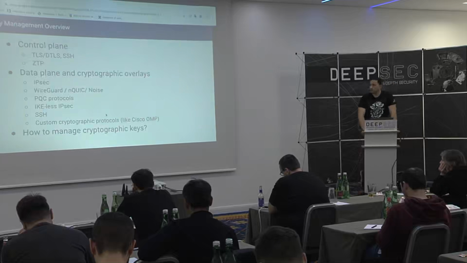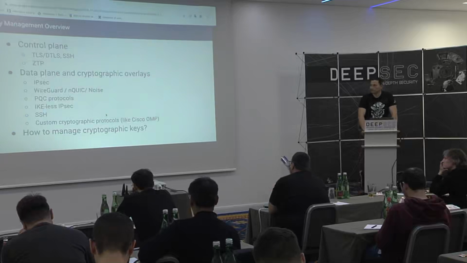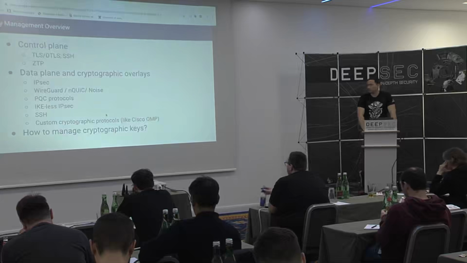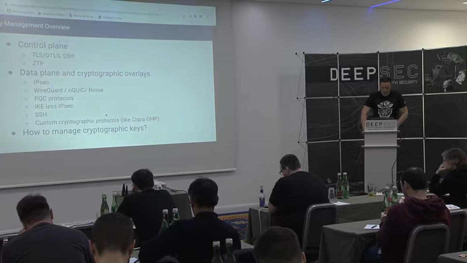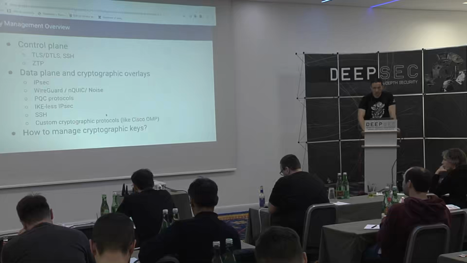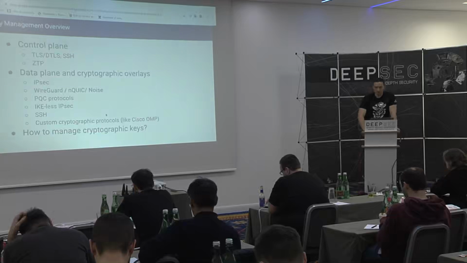Modern protocols like WireGuard, Noise, and QUIC, post-quantum protocols, or self-invented IPsec-based protocols like AKLS, IPsec, other UDP, and Silver Peak products. And the main question is how to manage cryptographic keys if there are no good RFC documents and standards.